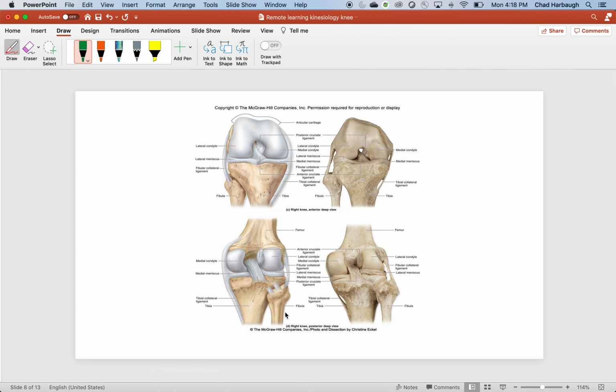When we're talking about the knee joint, the first one we're going to look at is the lateral collateral ligament, which is over here. You can tell it's very thin. So this lateral collateral ligament is thinner. It's not as thick as the medial collateral ligament.